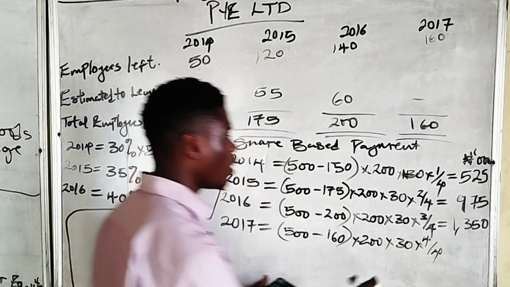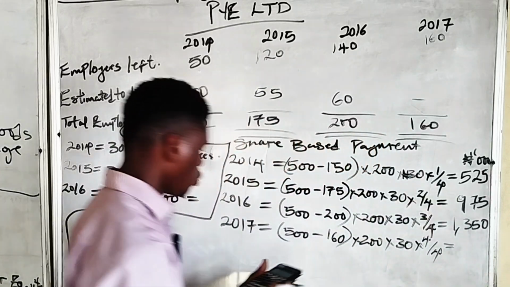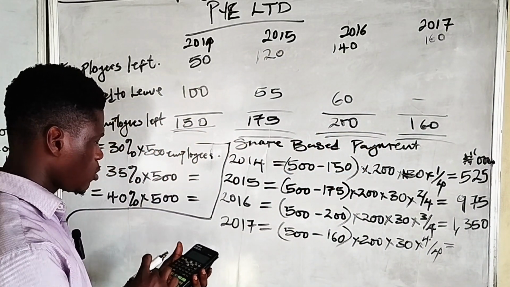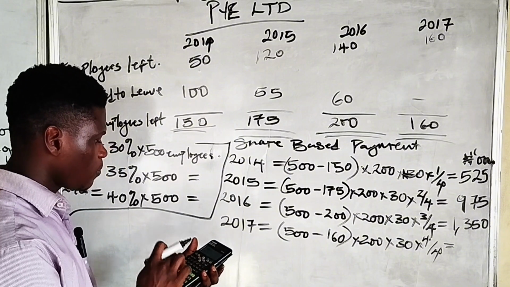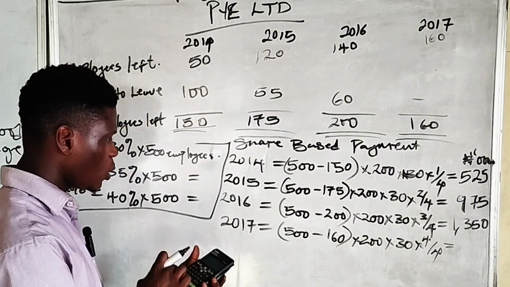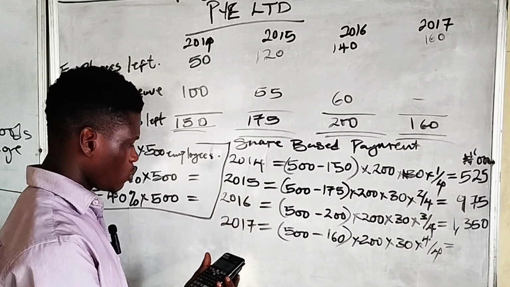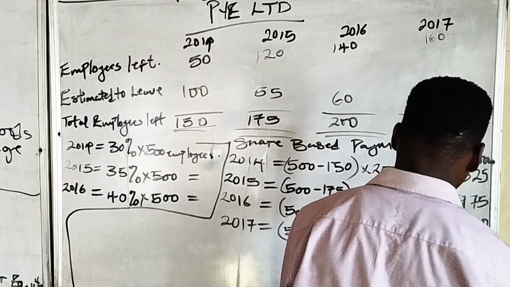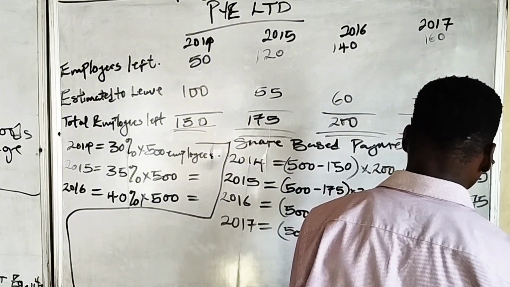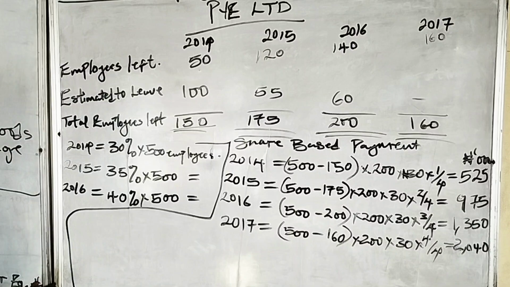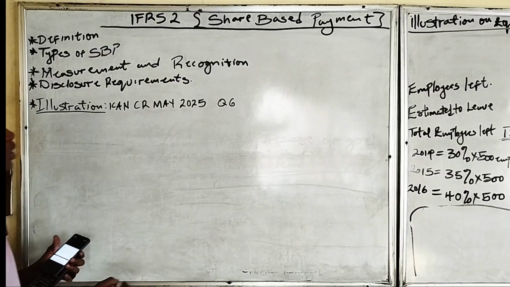That's the whole value. 500 minus 160, that's 340, multiplied by 200, multiplied by 30, multiplied by 1. 4 divided by 4 is 1. This gives us 2,040,000.